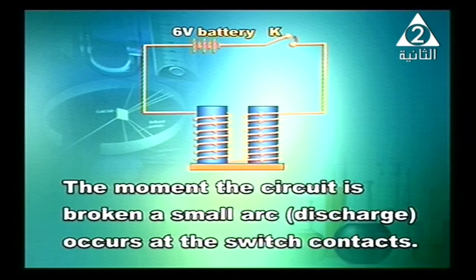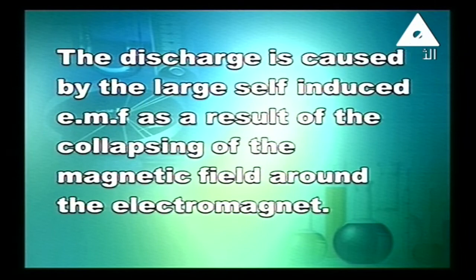The moment the circuit is broken, a small arc discharge appears at the switch contacts. The discharge, as a matter of fact, is caused by the large self-induced EMF as a result of the collapsing of the magnetic field around the electromagnet.